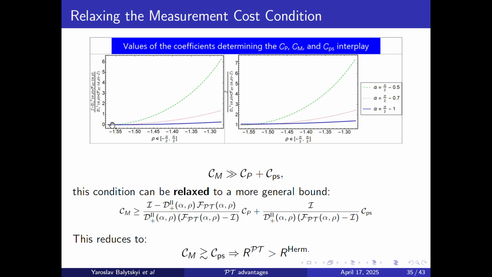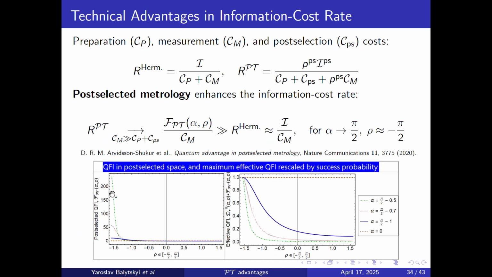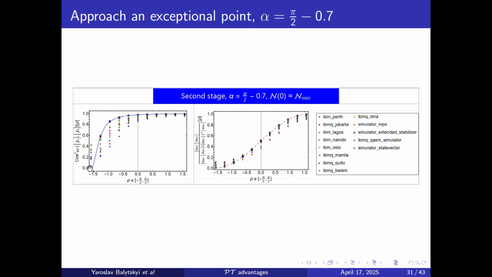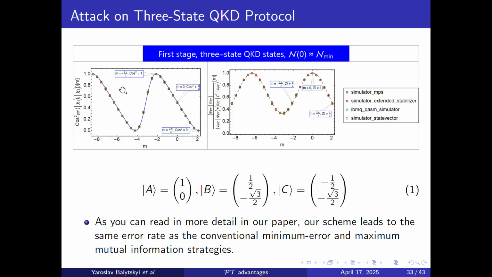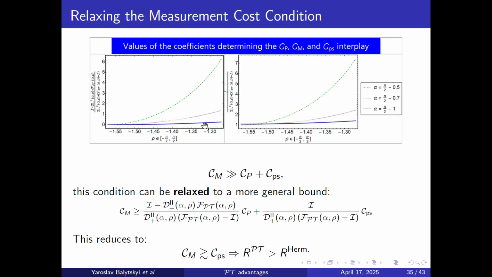And what you can see here is that close to the exceptional point, where quantum Fisher information is high, it essentially corresponds to this point where cosine squared suddenly jumps from close to 0 to 1. So in this region of space, this coefficient is almost 0, and this coefficient is approximately 1. So you can see it here.